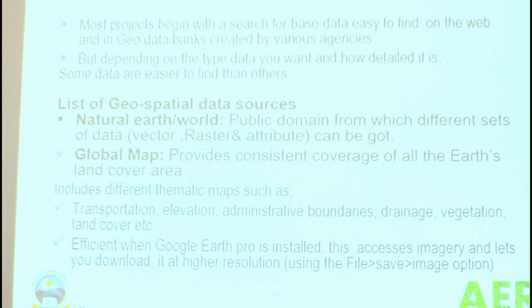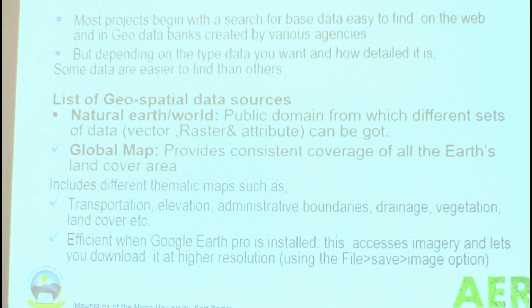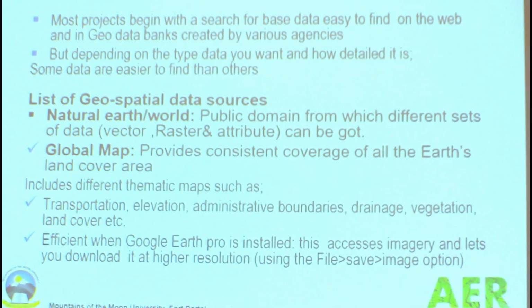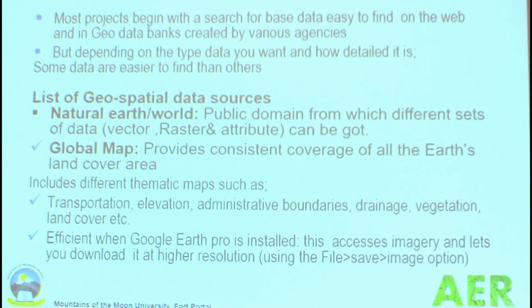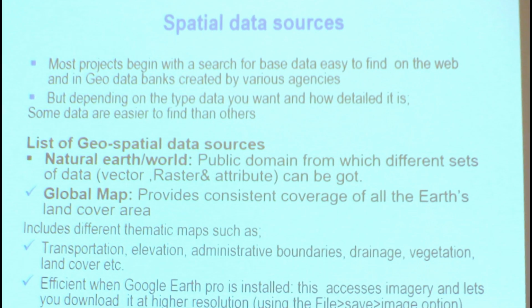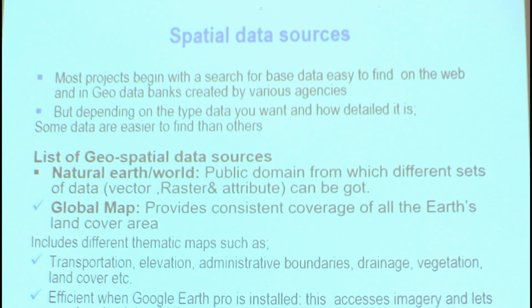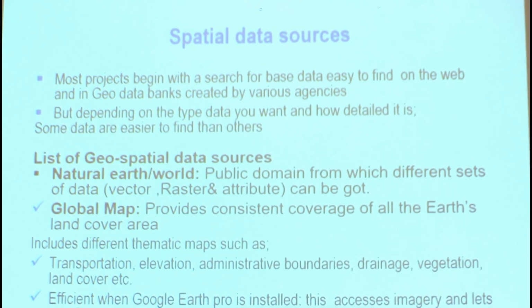And you can find it on different links, including websites and different geodata banks created by various agencies. Depending on the purpose for which you need this spatial data, you can find it in different agencies. Some agencies provide very quality data, while others provide coarse data.